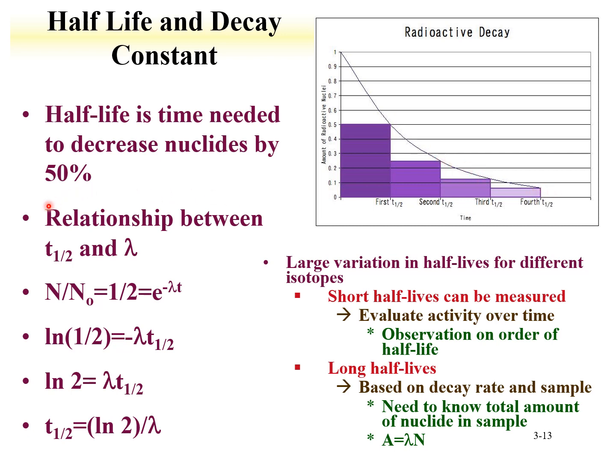If I took the general equation where the number of atoms at a given time t is equal to the number of atoms initial times e to the minus lambda t, I just looked at the ratio. So the time that it takes to get to a half, so half is equal to e to the minus lambda t.